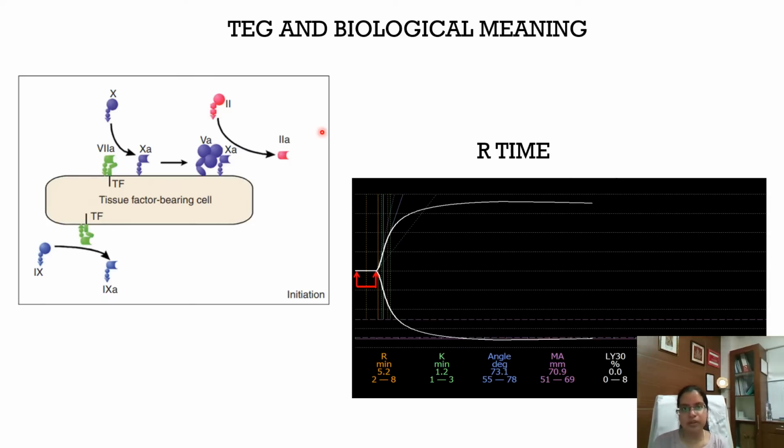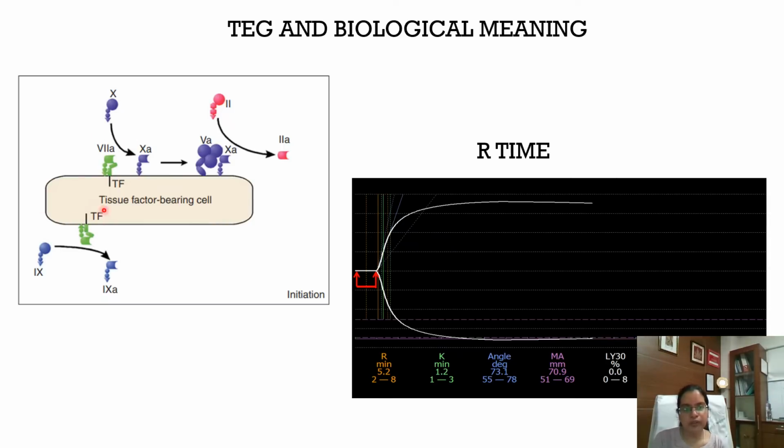Now, this is the normal coagulation cascade. Now, the cell-based model, how TEG is related to all three phases of the cell-based model of coagulation. We have in the cell-based model three phases, that is initiation, amplification and propagation. In the initiation phase, the extrinsic pathway will activate the intrinsic pathway. So in the first initiation phase, the tissue factor is released after injury.